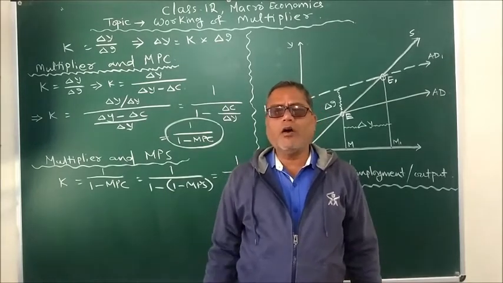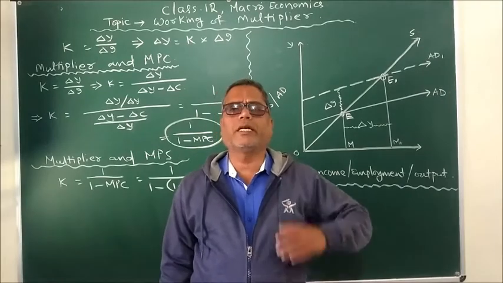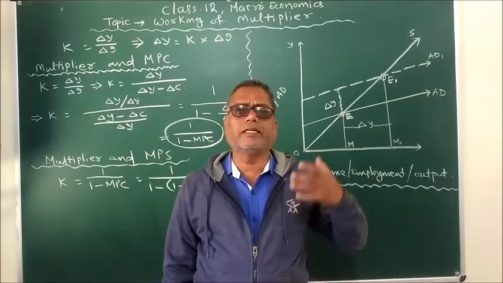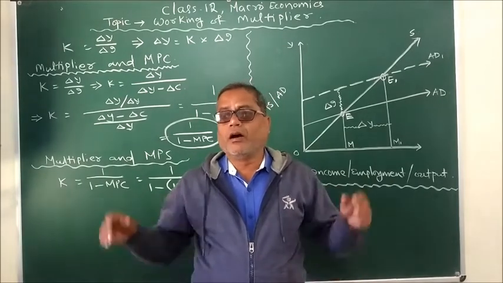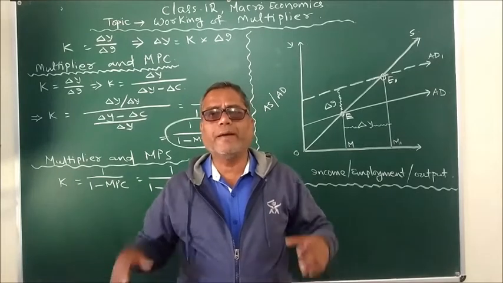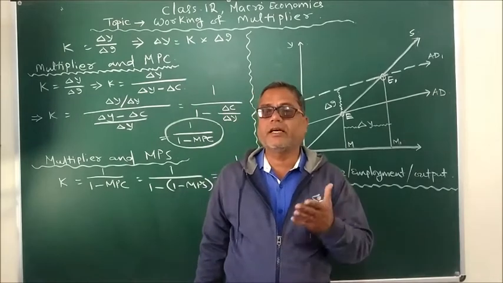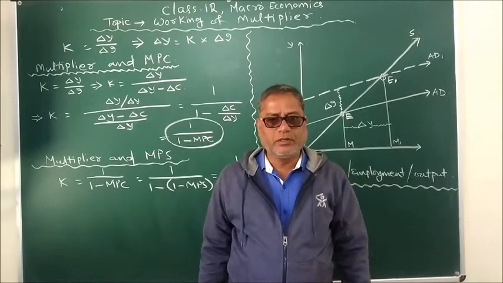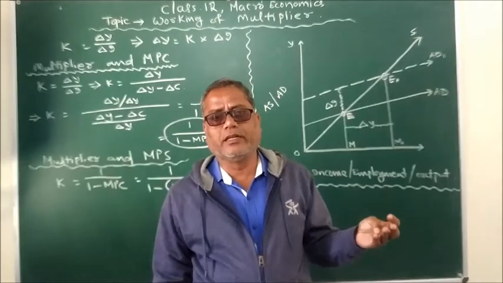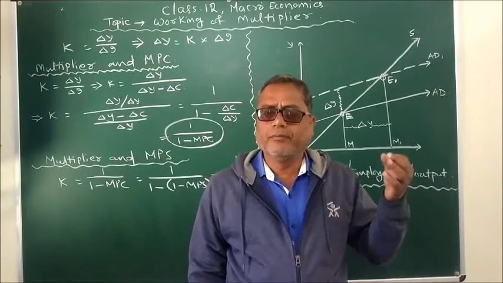So now a question may arise in your mind: why, when we make investment, does income increase? Obviously when we make investment, some unused or unemployed resources are employed and they receive their respective rewards: land receives rent, capital receives interest, labor receives wage, and the entrepreneur receives profit.